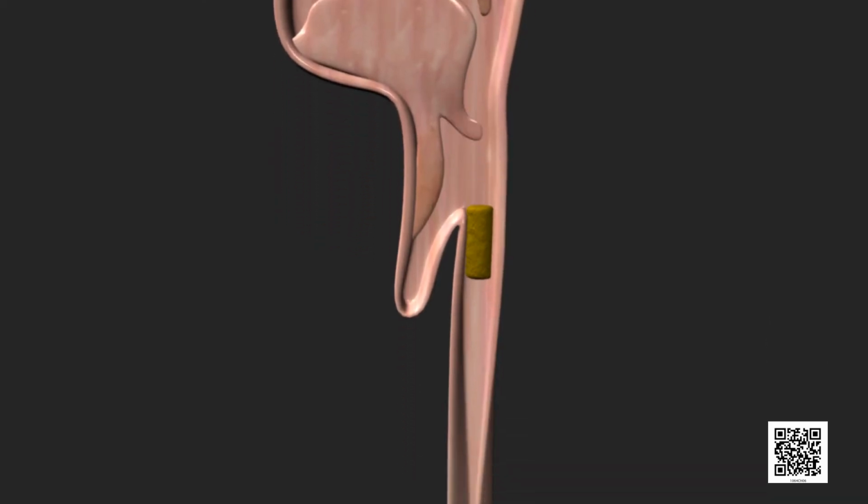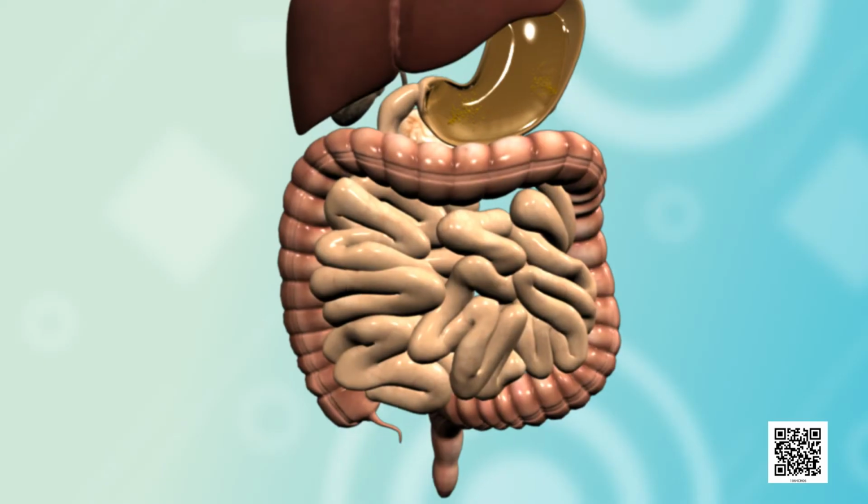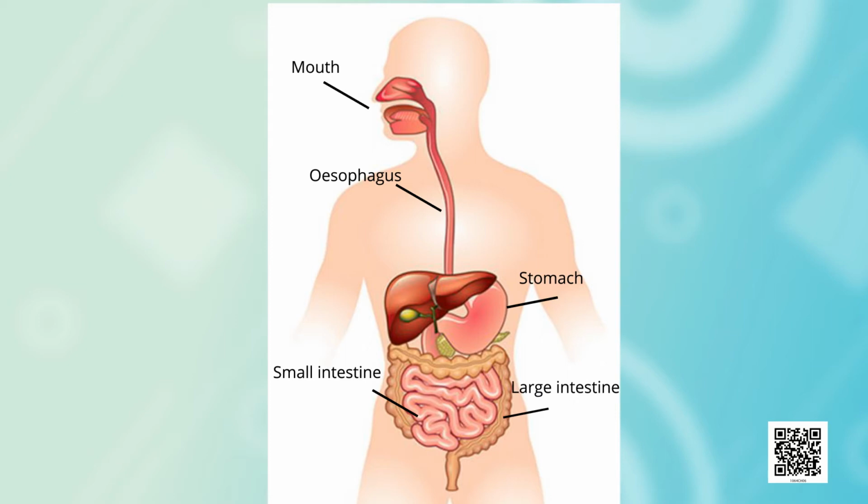Food moves through a long tube which runs from mouth to anus and is called the alimentary canal. This tube is divided into various parts: mouth, esophagus or food pipe, stomach, small intestine, large intestine, rectum, and anus are the parts of the alimentary canal.